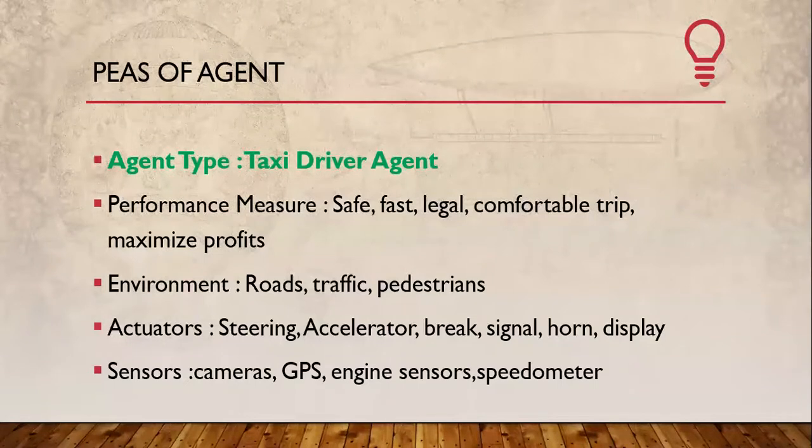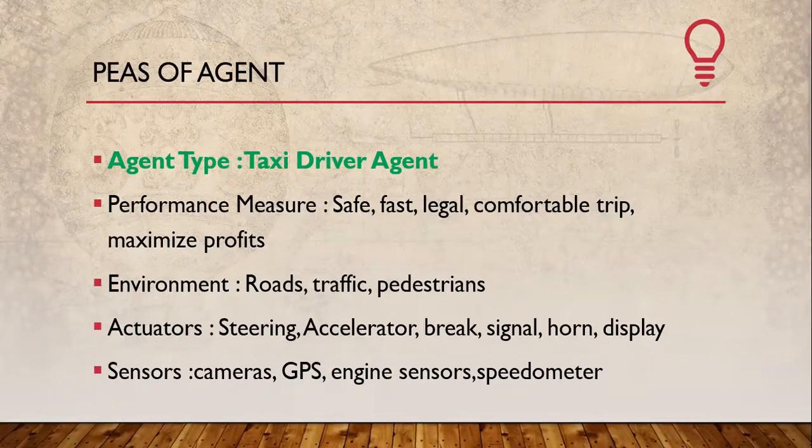Let's say if the drive is safe, if the drive is fast, if things are legal. Legal in the sense that if there is a signal and the signal is being seen properly and nothing wrong has happened there, if there are tolls and those were properly crossed, if the trip was comfortable for the passenger, if the profits could be maximized, these all are the performance measure of the driver agent.